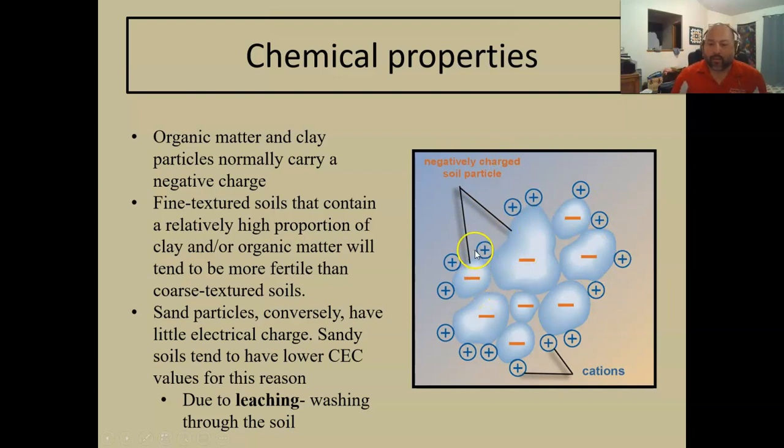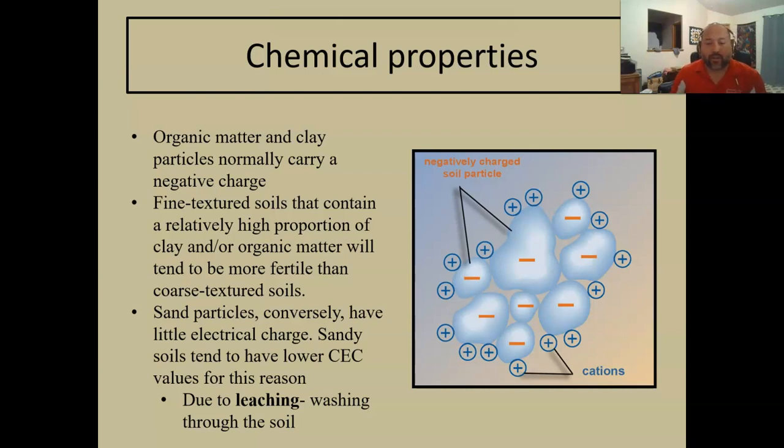Because these are negatively charged, the positively charged ones get pulled right in, and because clays have that high surface area, there's lots of room to do these chemical reactions. Organic matter and clay particles both carry a negative charge, so both are extremely important in cation exchange.